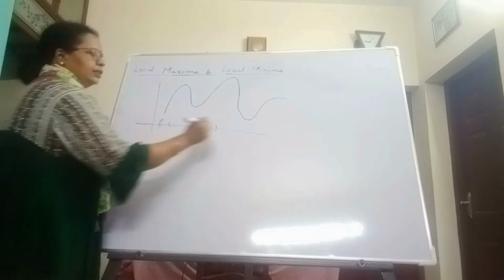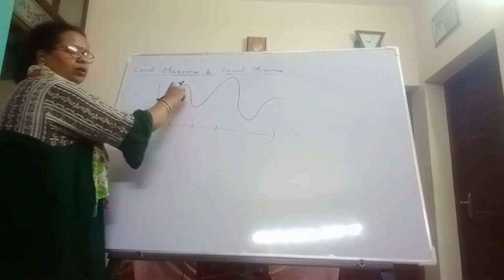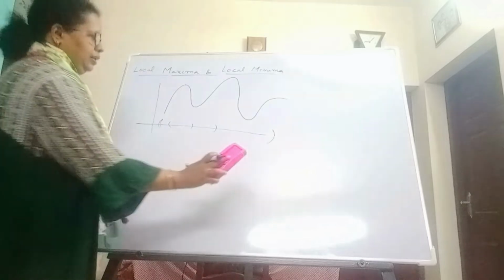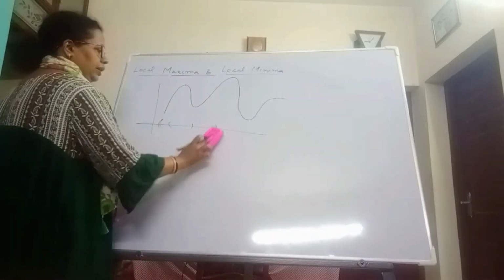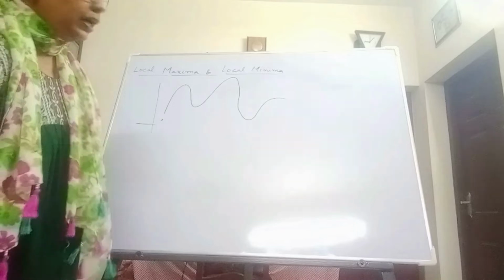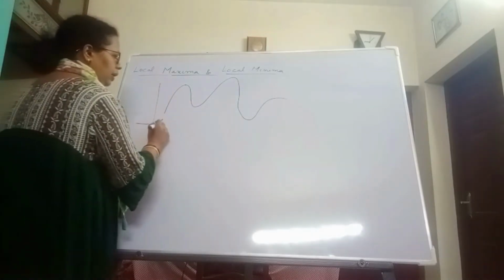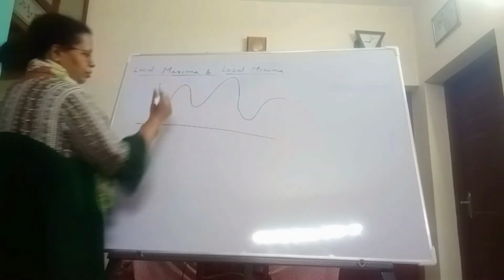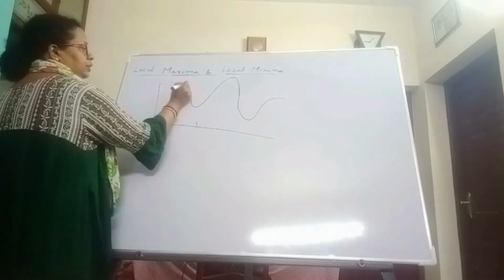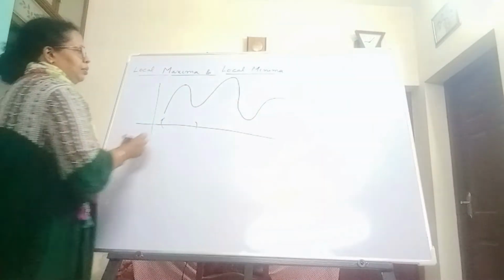But if we take this locality, it is not a local maximum. So when we consider an interval, in that interval it should be the maximum. That is why the term local maxima. The interval will be given. So consider this interval. This point is a local maxima.